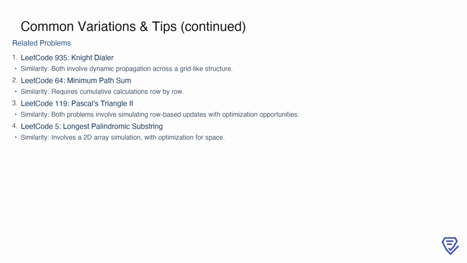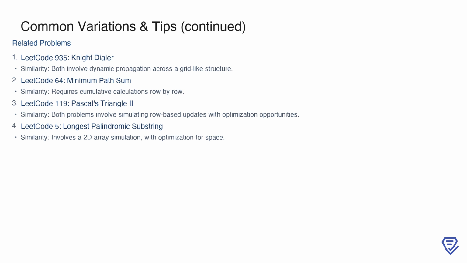Next, let's explore related problems that share similar concepts. LeetCode 935, the Knight Dialer, involves dynamic propagation across a grid-like structure and is conceptually similar in how updates spread across the state space. LeetCode 64, Minimum Path Sum, also requires cumulative calculations row by row, making it comparable to how champagne flows through the tower.